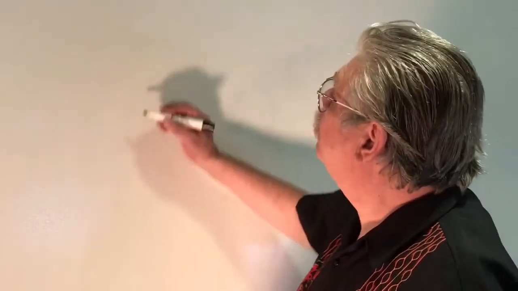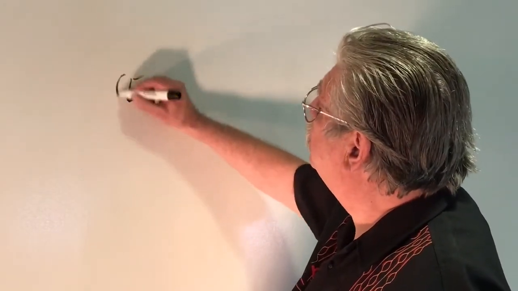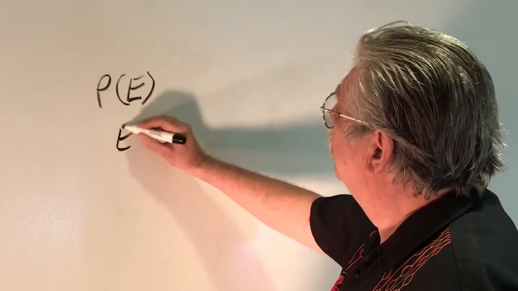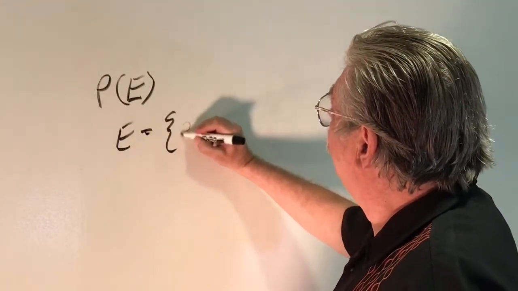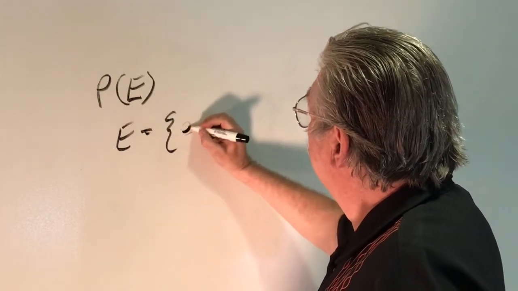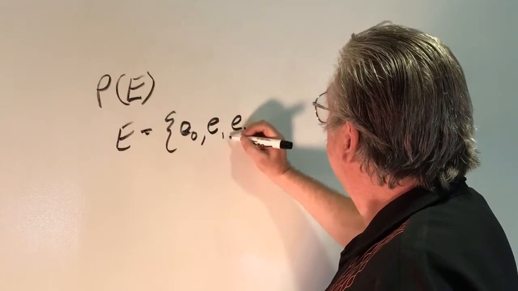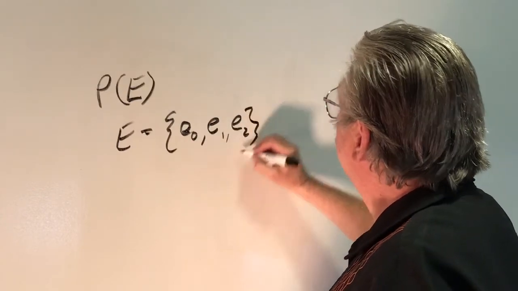So I want to talk just for a moment about symbols. This is going to be the scary part. So put on the Michael Jackson Thriller music, get your popcorn, and let's talk about symbols. If you get a textbook out of the library on probability theory, they're going to start doing stuff like this. They're going to say, consider an event E, which has a probability P of E. And E is an event that is in a set of events, like E sub 0, E sub 1, E sub 2.